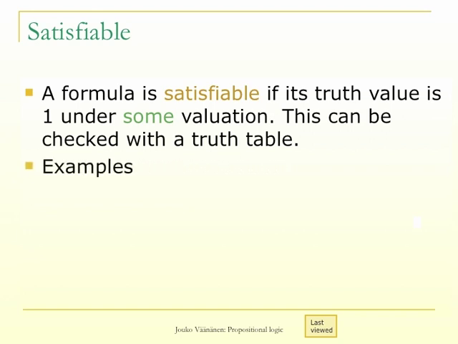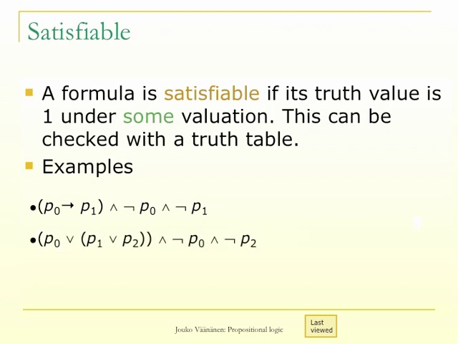Examples. The following are examples of satisfiable formulas. (P0 implies P1) and not P0 and not P1. (P0 or (P1 or P2)) and not P0 and not P2.